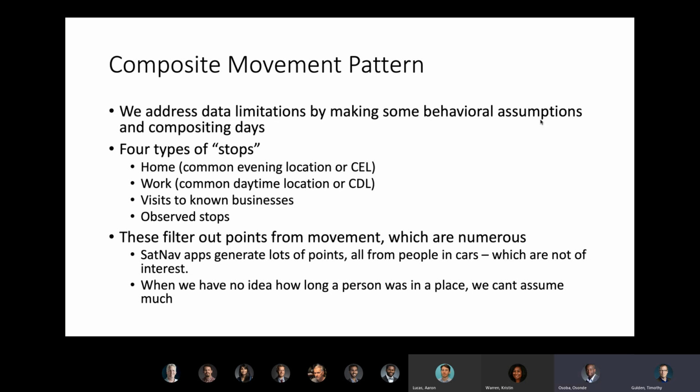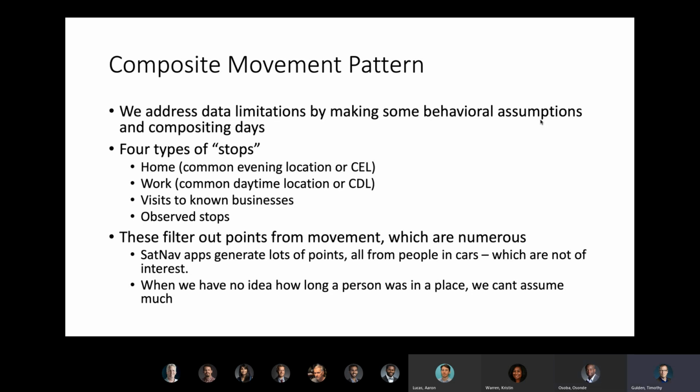Well, we don't want to just use all the pings. A lot of people use SatNav when they're driving around. So you leave this string of very nice points, 1 second apart, maybe less than a second apart, but you're driving, you're not passing COVID. That's totally not relevant. So most of the pings are not of use to us.